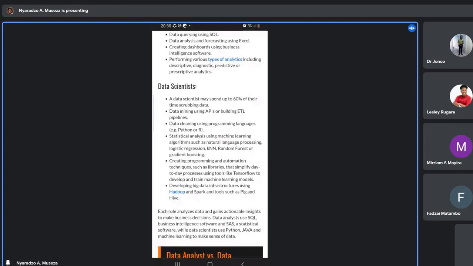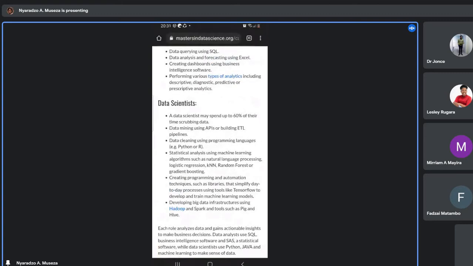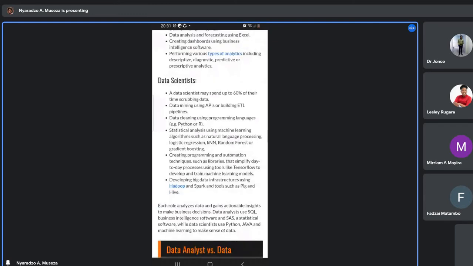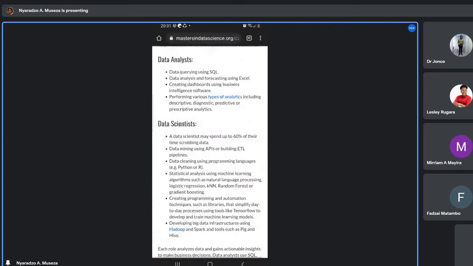Then data mining using APIs or ETL pipelines, data cleaning using programming languages, statistical analysis using machine learning, creating programming and automation techniques such as libraries that simplify day-to-day processes, using tools like TensorFlow to develop and train machine learning models, developing big data infrastructures using Hadoop and Spark tools such as Pig and Hive.